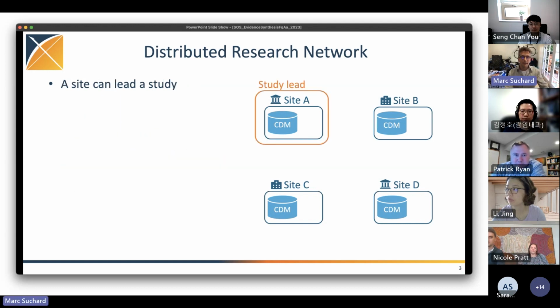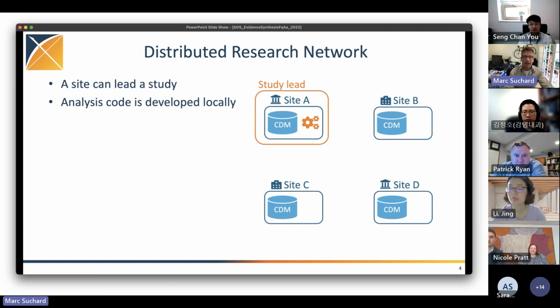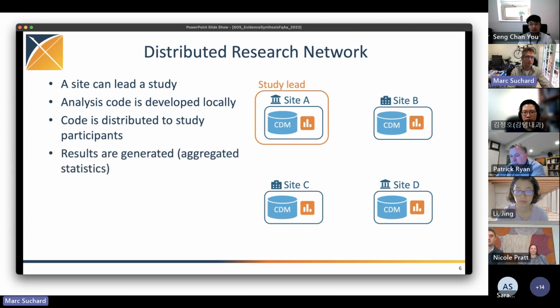The way that we've been executing is, you can think of one site, in this case University of Adelaide, as a study lead, and they have developed analytic code that we'll talk about later in terms of executing, that was developed locally, and then this code is distributed across all of our different study participants, like the US Department of Veterans Affairs.